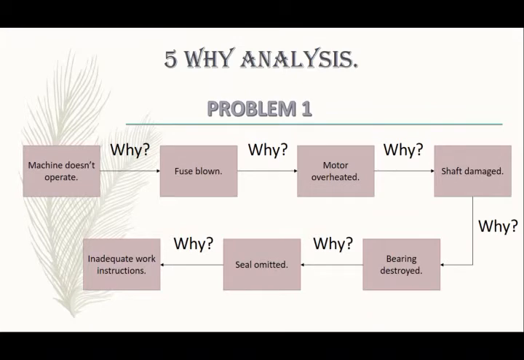Then our second why, we answered with the motor overheat. And our third why, we answered with the shaft damage. And why the shaft damage? The shaft damage because the bearing destroyed. And the bearing destroyed because the seal omitted.